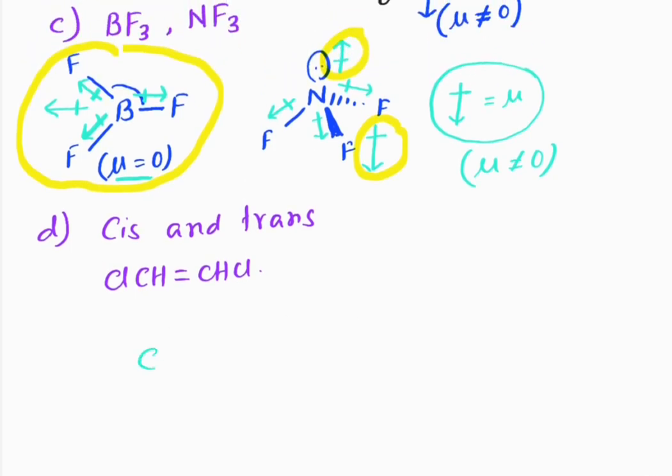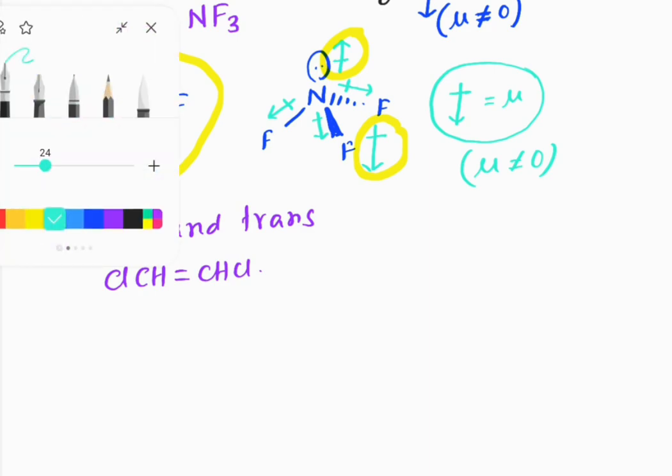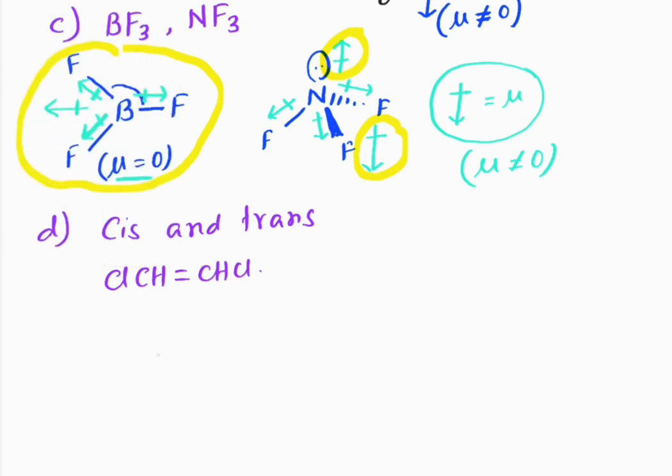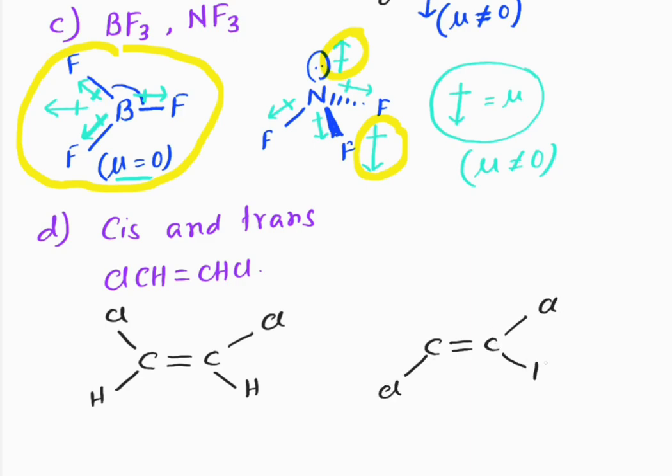Let me draw the cis form first. Cis form means the two chlorine atoms will be on the same side of the double bond, and in case of the trans form, the two chlorine atoms will be on different sides of the double bond.